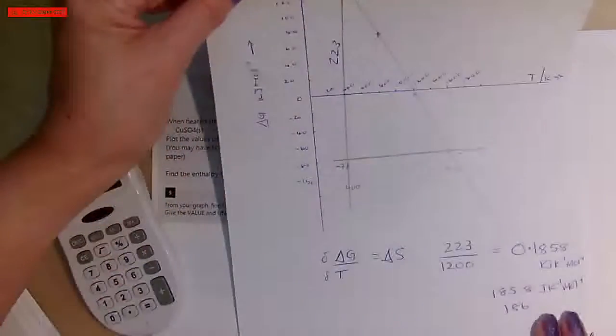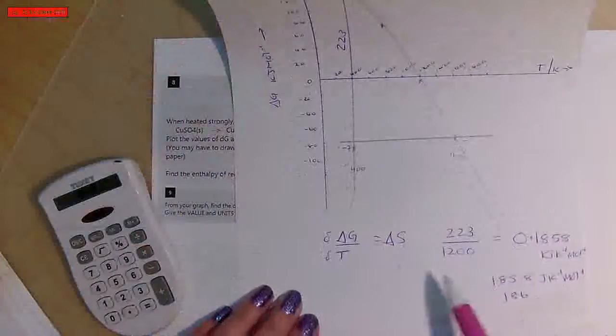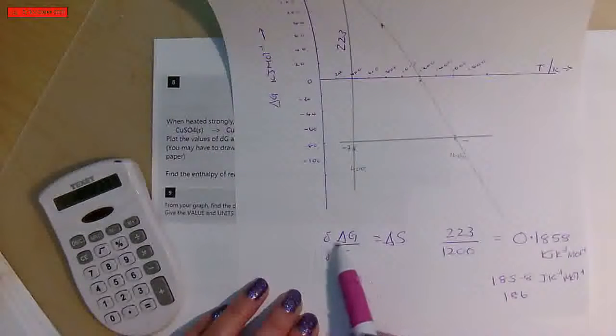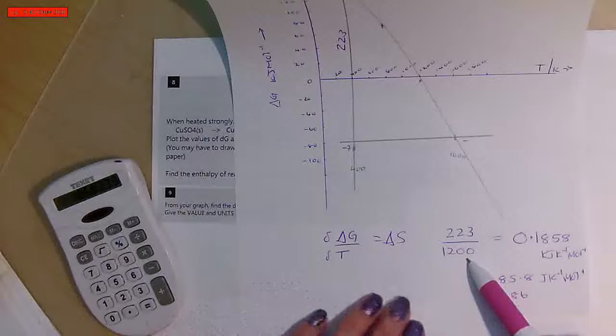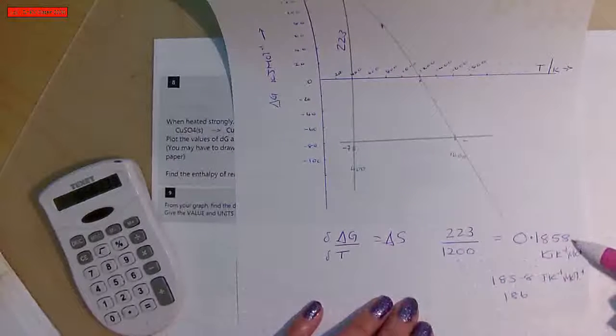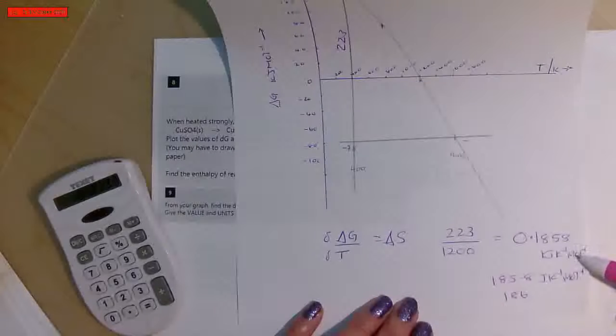I just realised I haven't shown you the working, so I'll show you down here. The change in delta G divided by the change in T gives me delta S. So 223 divided by 1200 is 0.1858 kilojoules per Kelvin per mole. If I want joules per Kelvin per mole, it's 185.8, or I'd accept about 186 if you're going to round it up.